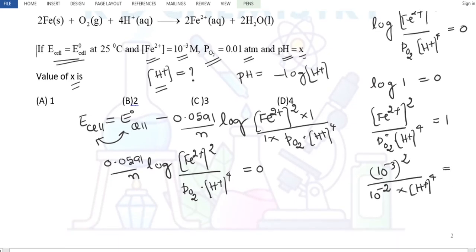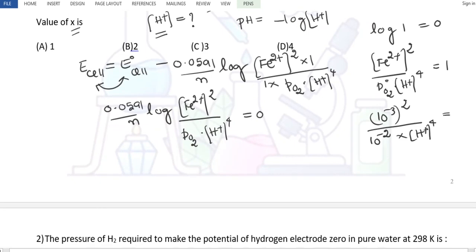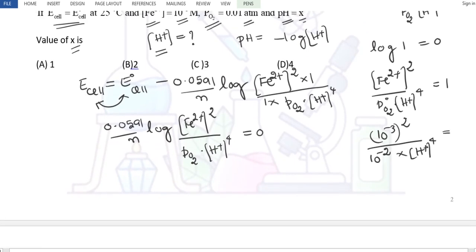Therefore, now we get the H plus concentration. H plus concentration to the power 4 is equal to 10 to the power minus 6 and plus 2, which becomes 10 to the power minus 4.